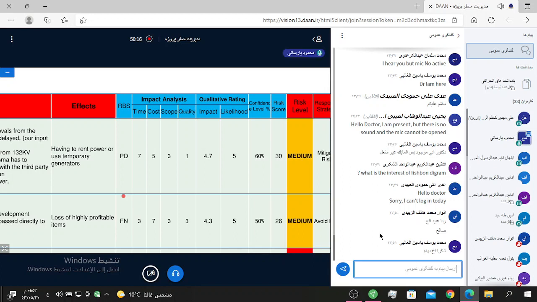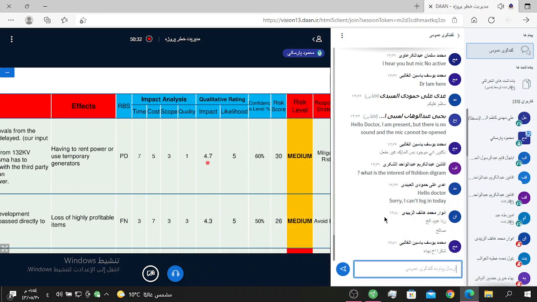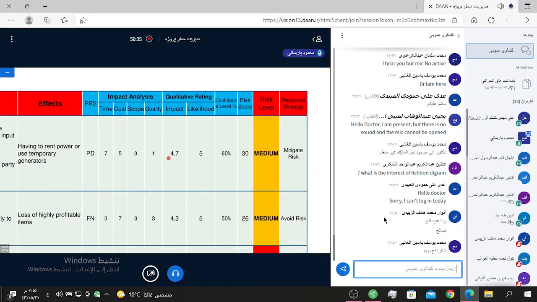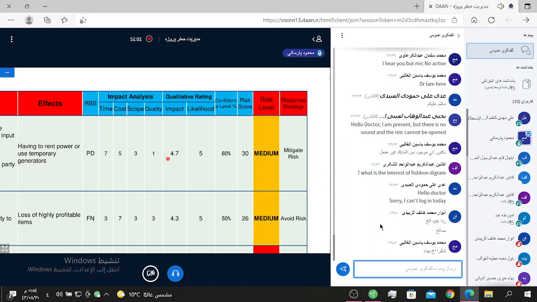And the next column belongs to effect analysis or impact analysis of risk in terms of time, cost, scope, quality, and a qualitative rating of the characteristics of impact or effect, and likelihood or probability about any risk.